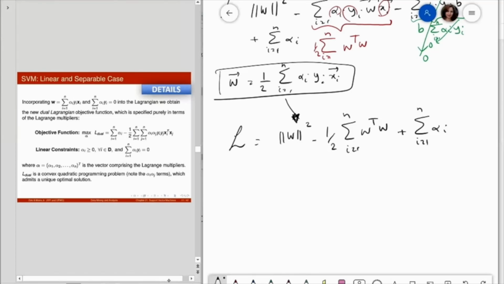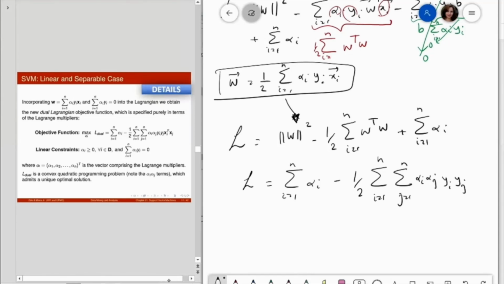So L would be sigma alpha i, i equals 1 to N, minus 1/2 sigma i 1 to N, j 1 to N, alpha i alpha j y_i y_j x_i x_j. Now I have an objective function that is expressed only in terms of alpha i's and alpha j's, and then I can solve it to find the best alpha.